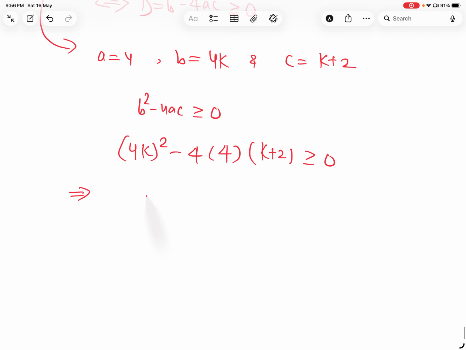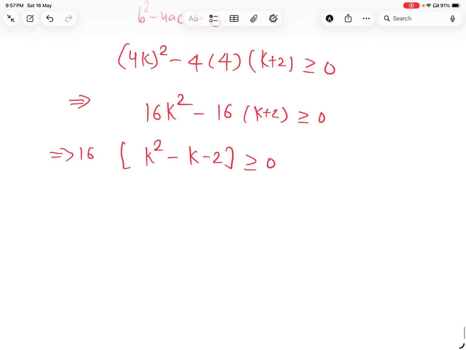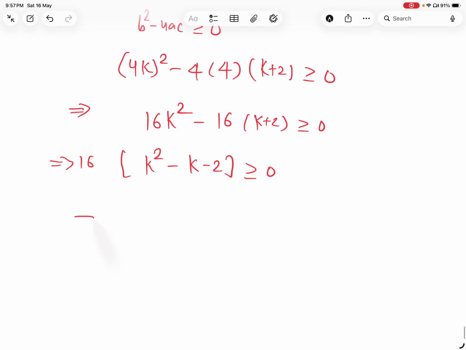So this implies 16k² minus 16(k + 2) is greater than or equal to 0. So we can take 16 outside: k² minus k minus 2 is greater than or equal to 0. Dividing both sides by 16, because 16 is a positive number, we get k² minus k minus 2.